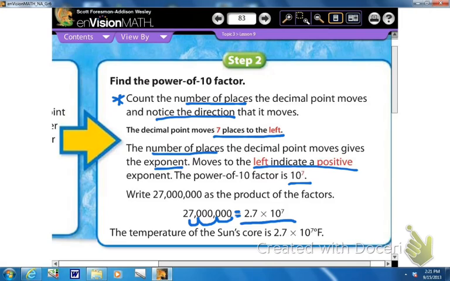That's why it's 2.7 times 10 to the 7th power, because we moved it 7 times, and because we moved it to the left, it's positive. And think about it, that should make sense. If I am multiplying 2.7 by a positive power of 10, and I want to write it in standard form, then I know I'm going to move my decimal place back to the right to make a positive, bigger number. So this is just another way to write 27 million in scientific notation.